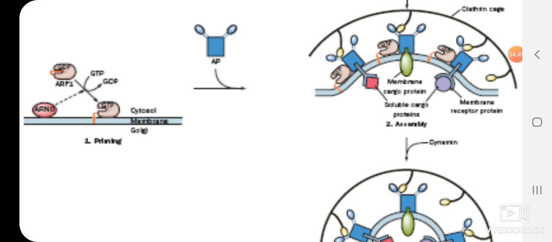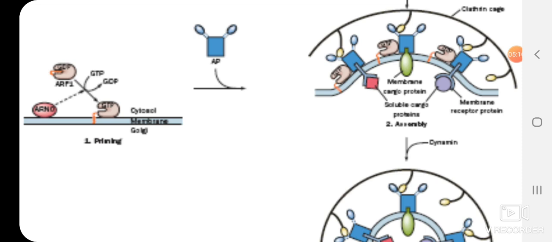This protein gets activated by the exchange of GDP with GTP, and this exchange is brought about by a GEF, or guanine nucleotide exchange factor, called ARNO, that is, ARF nucleotide binding site opener.